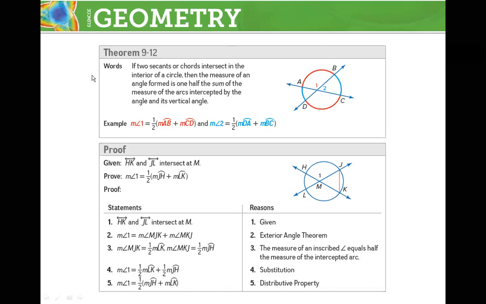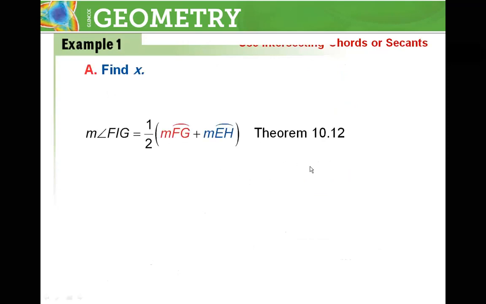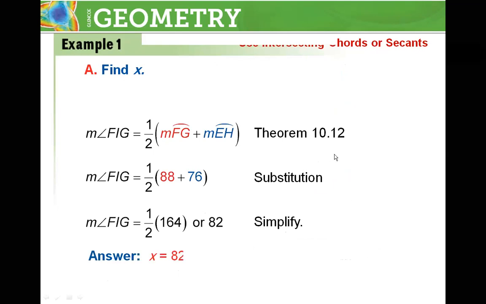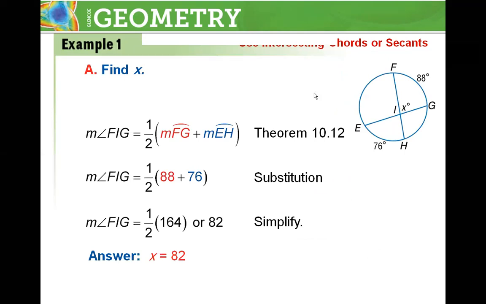Okay, we're going to find x. Here is a solved problem. Pay attention with me. Find the value of x. x is an angle, so I need to find the measure of angle x.